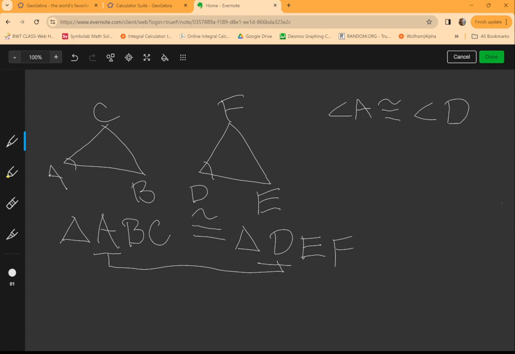When dealing with numbers and values, we use an equal sign. When dealing with geometric objects, we use this congruency symbol.